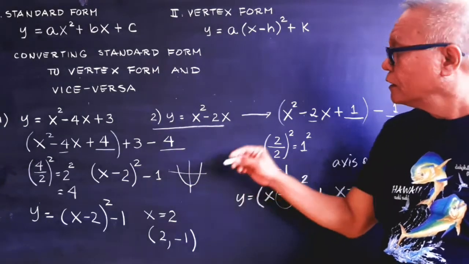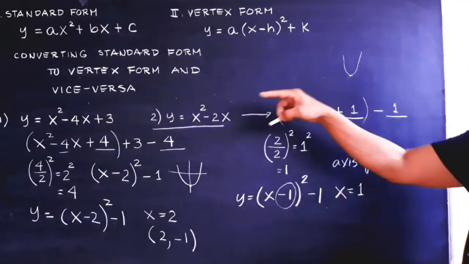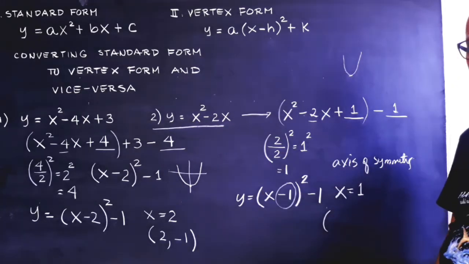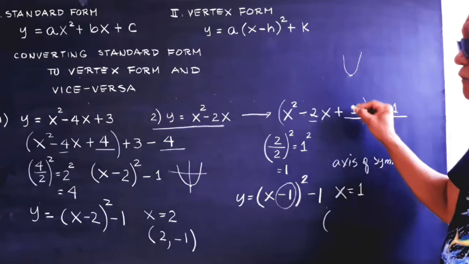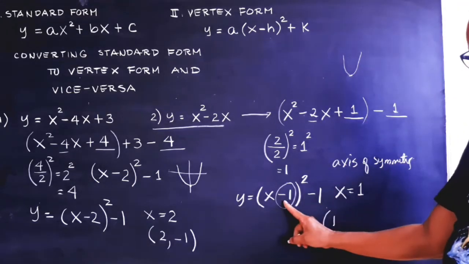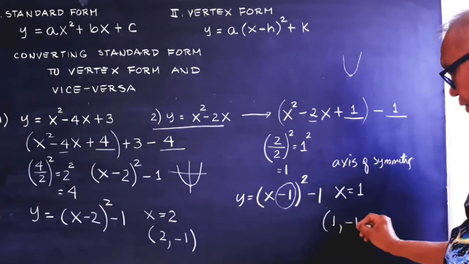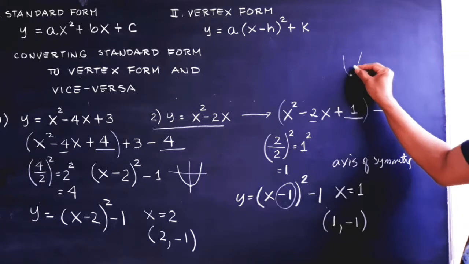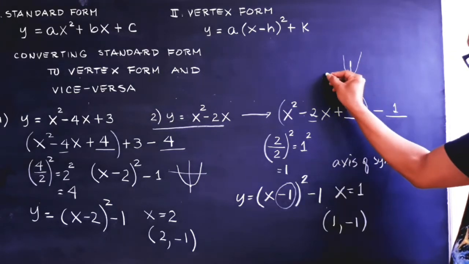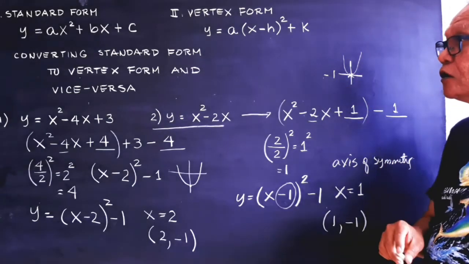So it's positive. So we will have the lowest, the same as number 1. So the coordinates of the lowest point of our parabola is, copy the 1 here. Remember, we changed the sign. And then this one, -1. This is 1 here. And here is -1. That is the coordinates of the lowest point.